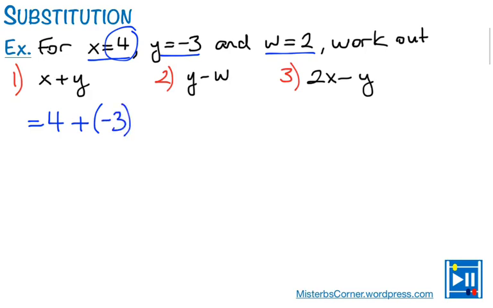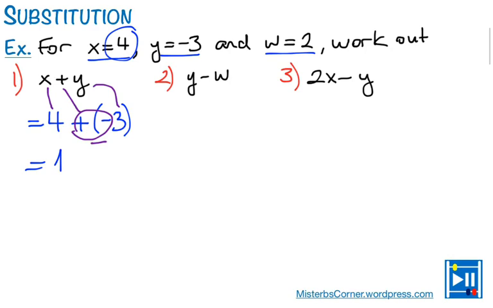So instead of x, I wrote its value, plus I wrote the value of y. So this turns into an arithmetic expression now, 4 plus -3. We know that plus and minus written right beside another makes a minus. So this is basically 4 minus 3, so it's 1.